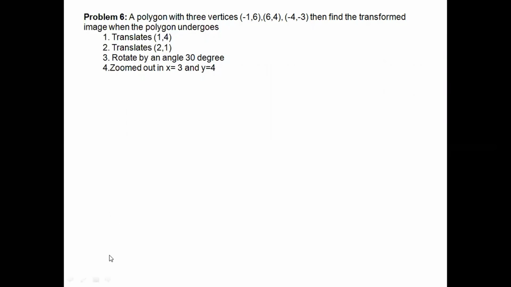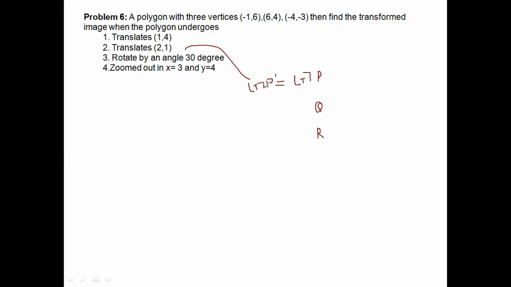For example, three points are given to you here: point P, Q, and R. If you do not follow the rule of composite transformation, first you apply the translation on this, and then you receive P dash. Then on P dash you apply again the translation, and you receive Q dash, new points out of it.